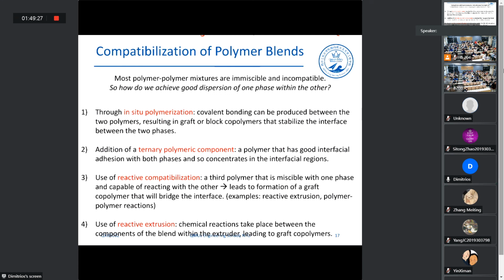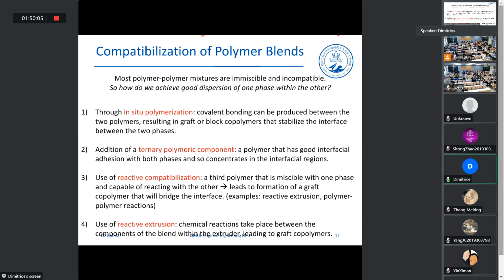Now, as we said, the majority of polymer-polymer mixtures don't like each other, okay? Unless they are from the same family of polymers, okay? If they are, let's say, relatives, such as some thermoplastics or some different types of polyethylenes, where we have same type of polymer but with different molecular weight distributions.